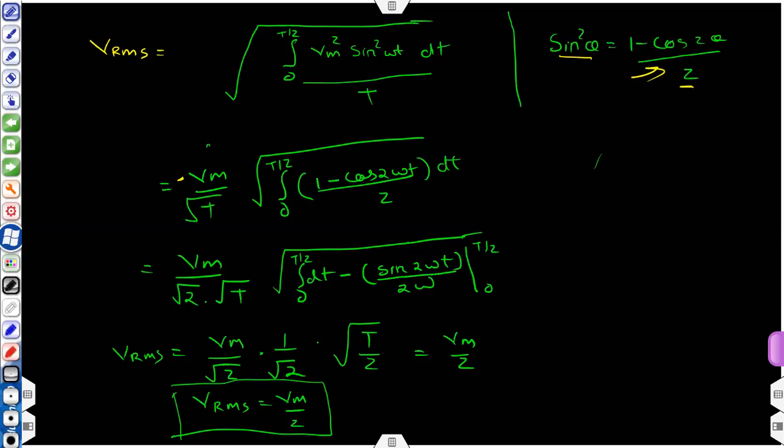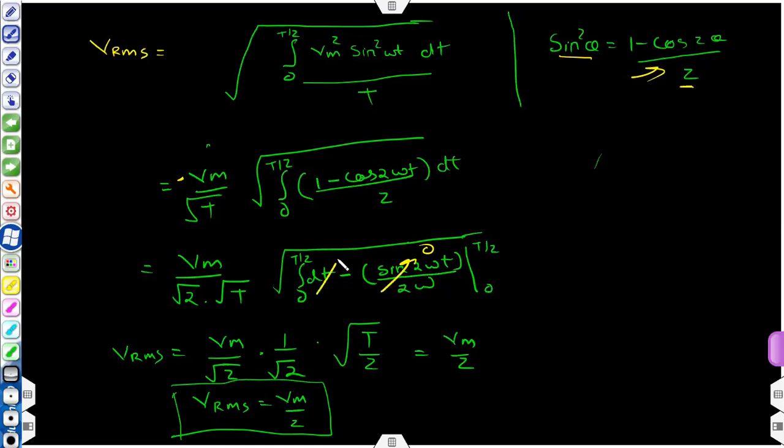Okay, so opening this bracket, I have integral 0 to T by 2 of dt, and the second term is sin 2 omega t by 2 omega, which will be 0. I believe that you have done integration of this kind of expression many times. You can verify this. So we will have Vm by root 2 times 1 by root 2 times T by 2.